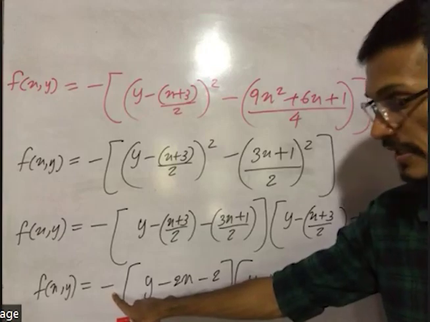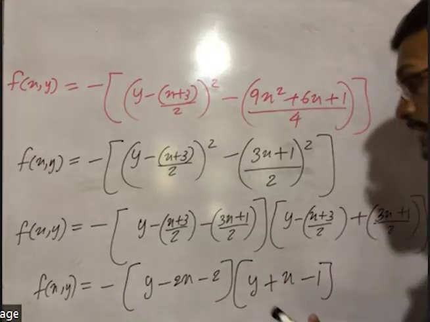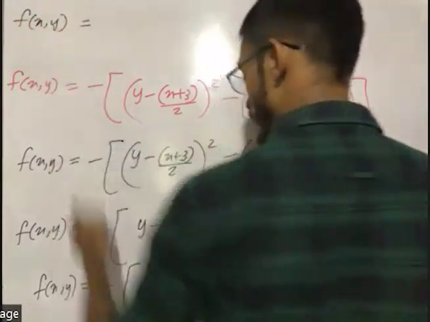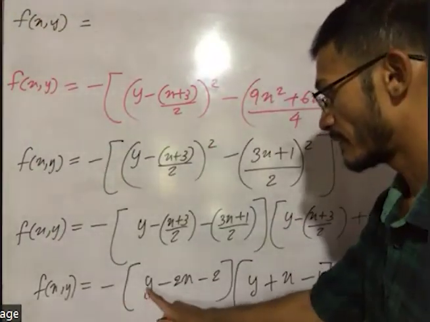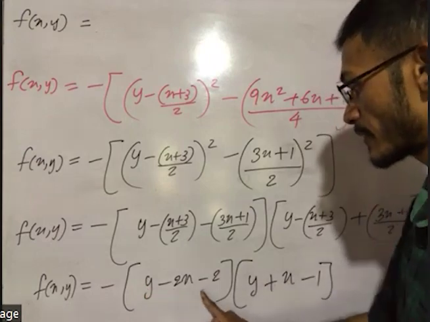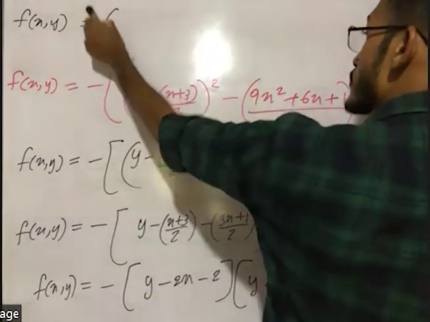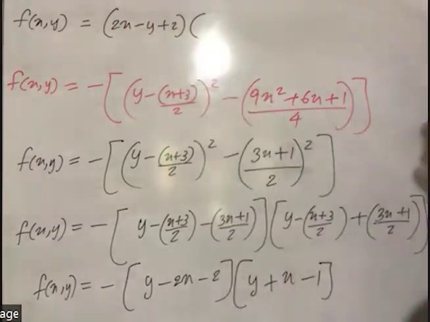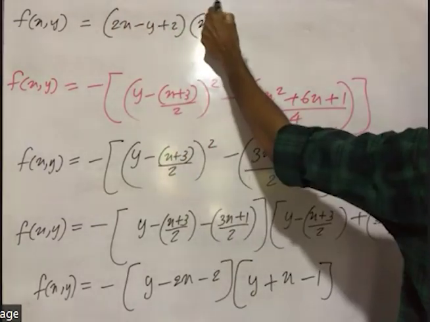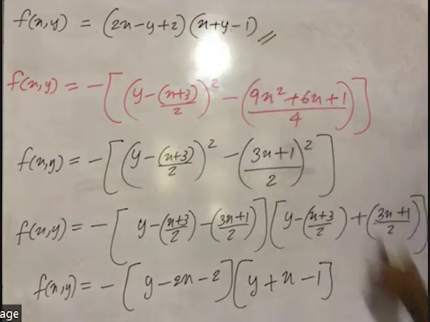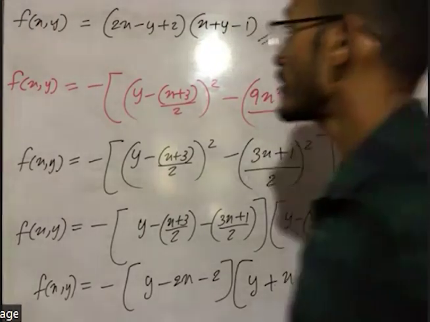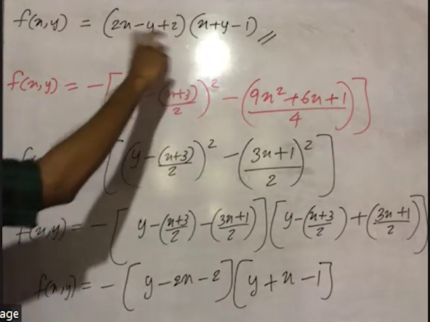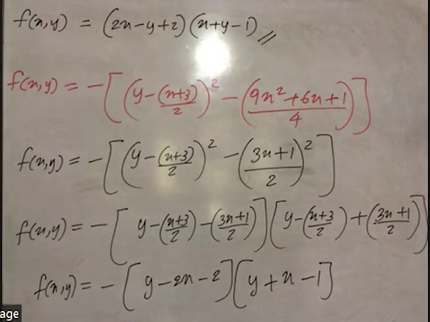You can multiply this negative sign with the first factor. Then you will get f(x, y) equal to (2x minus y plus 2) into (x plus y minus 1), right? So here we got the two initial factors. These are the two factors we have used to develop this function.